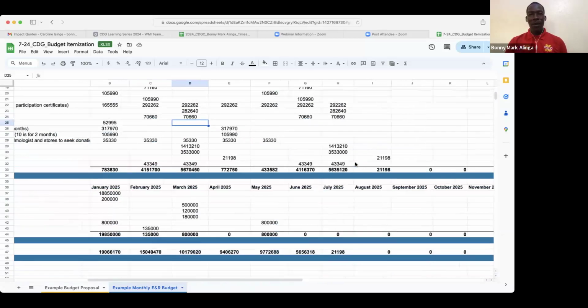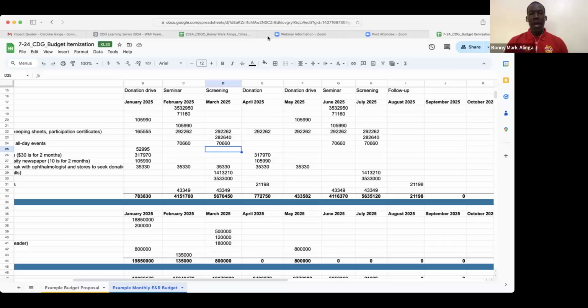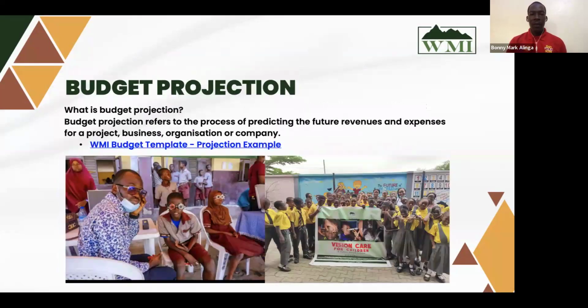examples. So if you have any question, I'll be checking the chat room or the Q&A section to respond to them. But what are some of the takeaways from this conversation that we have just had? We have talked about the budget itemization. We have seen the examples. We have talked about the budget projection.